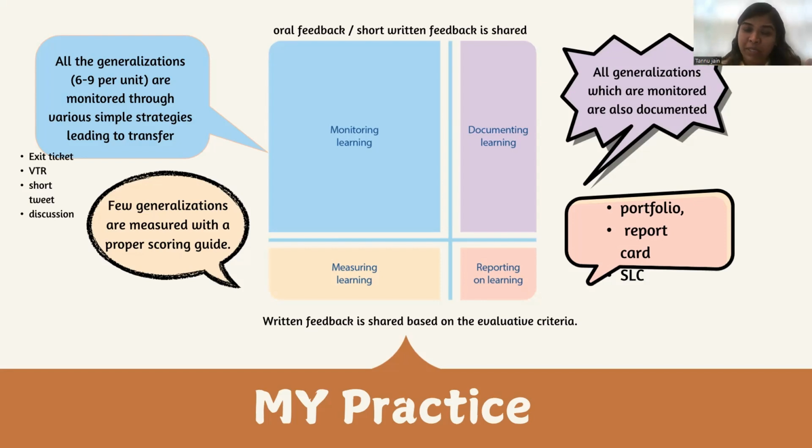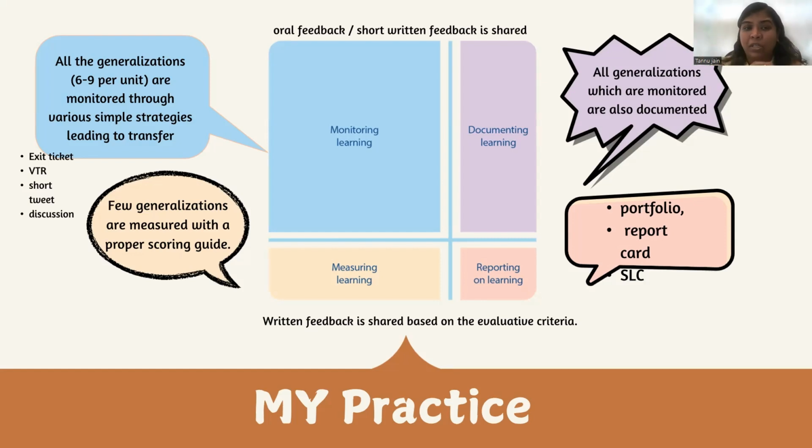I would just like to repeat once again that all the generalizations within my unit are monitored through an exit slip or through a VTR or through a short tweet. For the things which are usually monitored, I usually prefer giving oral feedback or simple feedback, which is very targeted.